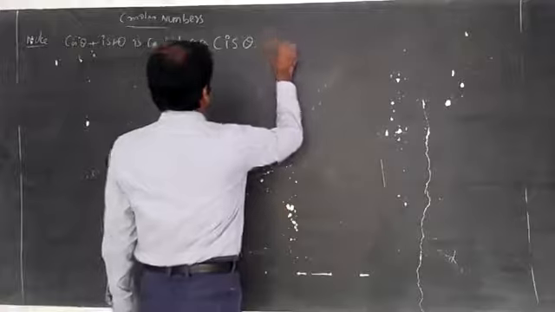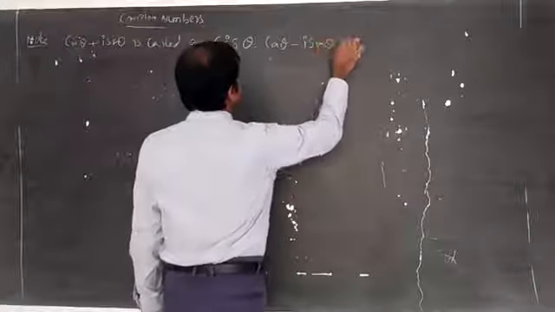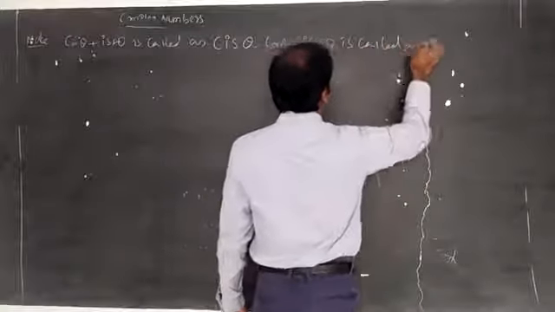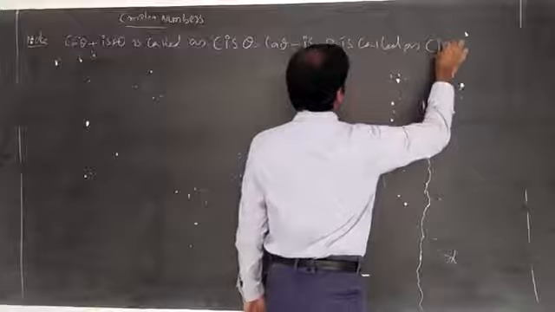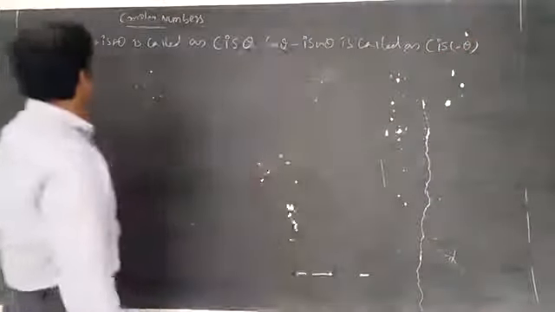That's all. Next one, cos theta minus i sin theta is called cis of minus theta.